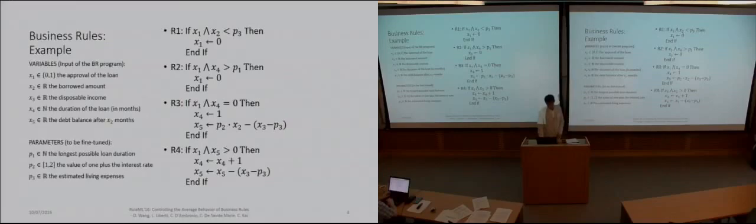And so because of that, in an example, you have the variables. Some of them are going to be modified by the business rules program, but some of them are just inputs. So by variable, I mean both the input data point and the output data point. So for example, if you look at the value of x3, it's never modified by the business rule.